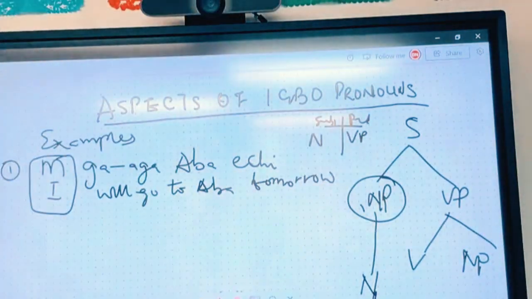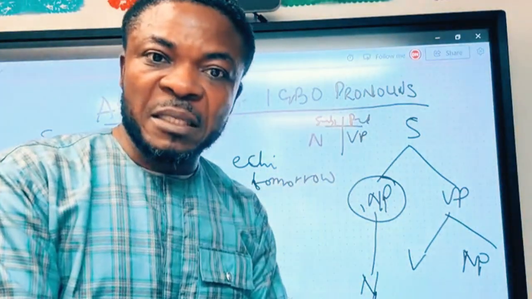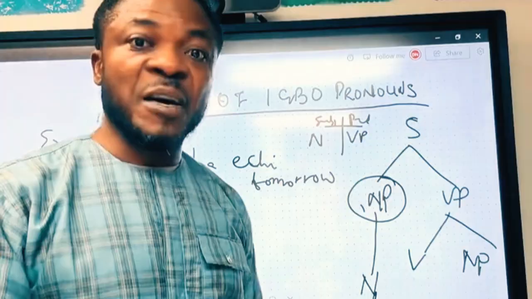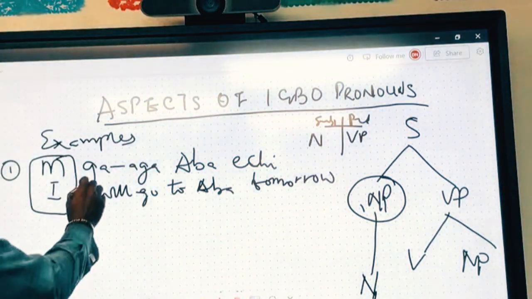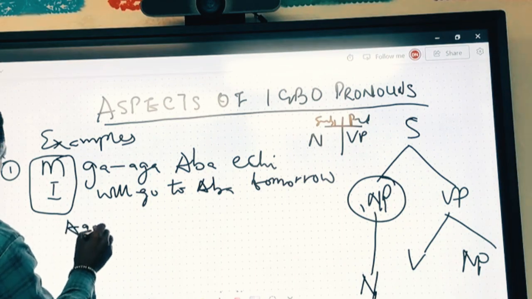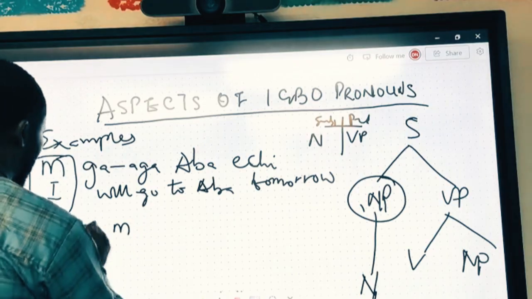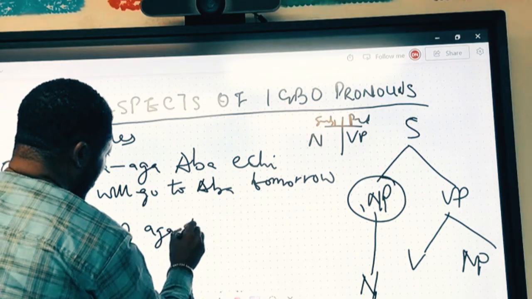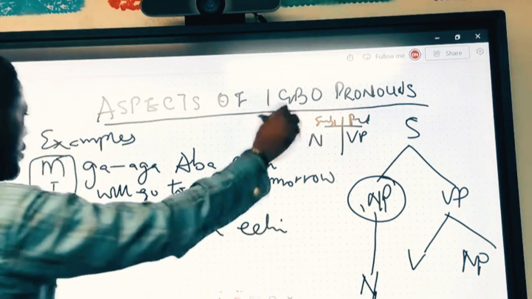Okay. I'm going to rewrite this sentence in another format that we also see, in fact more often in the Igbo language. This sentence can say, Agam agaba echi.